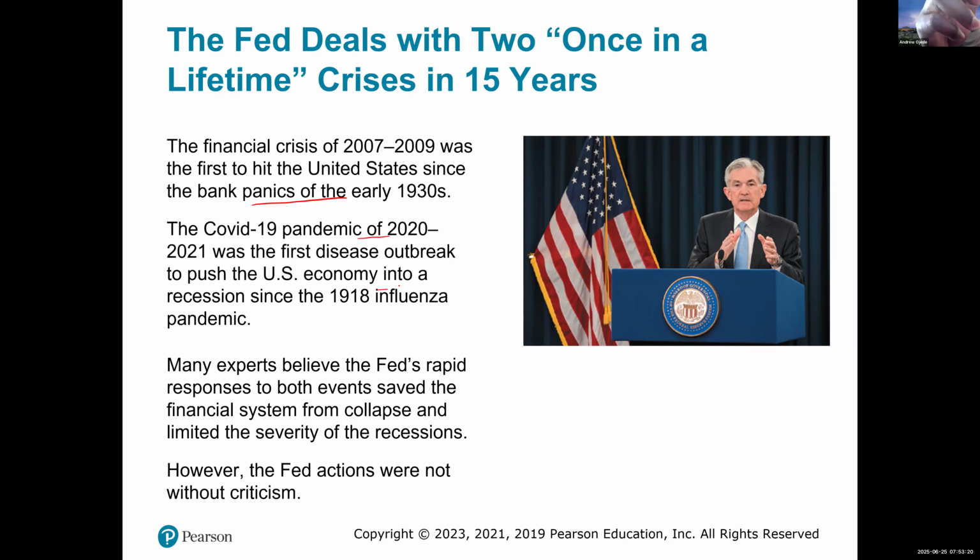But many experts believe that the Fed's rapid responses to both events saved the financial system from collapse and limited the severity of the recessions. However, the Federal Reserve's actions were not without criticism. Some people think that the Fed might have overstepped. So we'll talk about some of those criticisms as well.